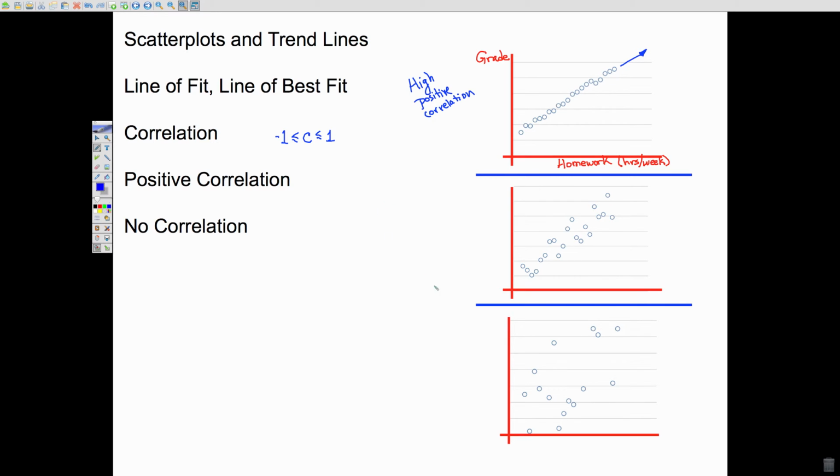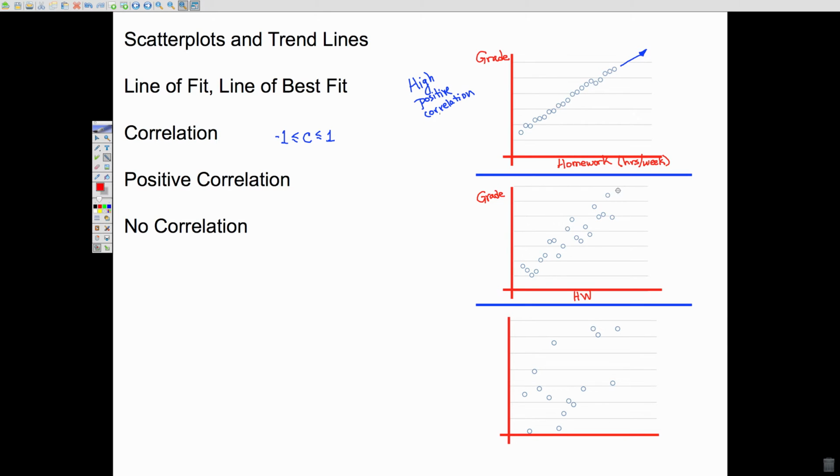Now let's take a look at a second case. This teacher again studied the homework hours and the grade, but got different data. Here, the correlation between homework and grade is not quite as close. You can still see that it's there.